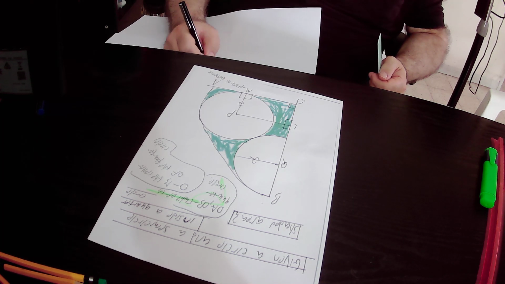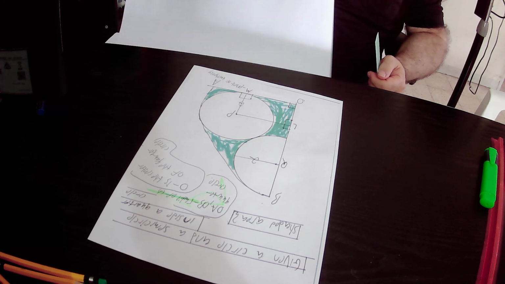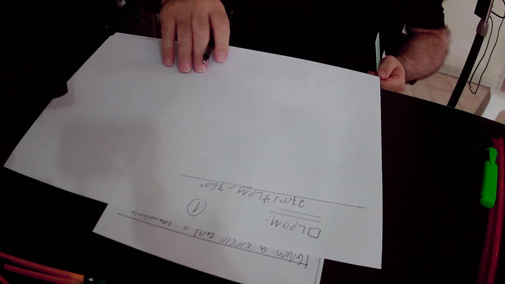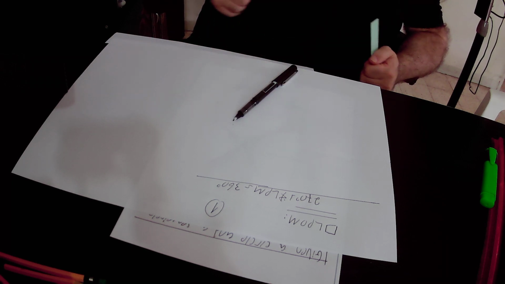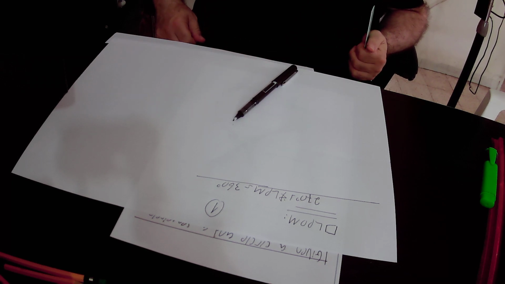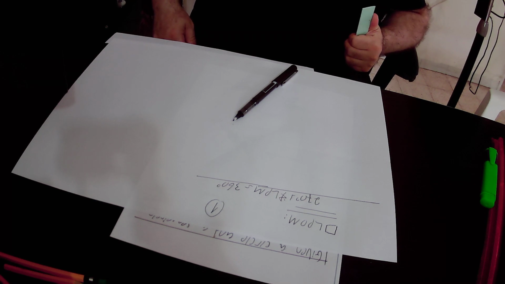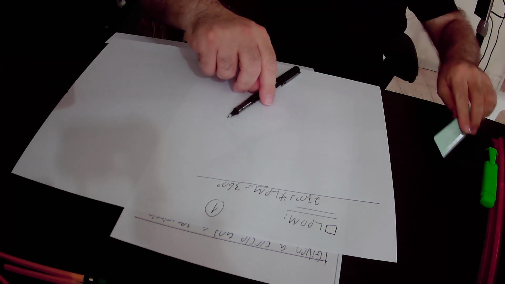In total, the sum of those 4 angles must be equal to 360 degrees. Here, 270 degrees plus the size of angle LPM must be equal to 360 degrees, according to the rule that the sum of the angles in any quadrilateral is equal to 360 degrees.